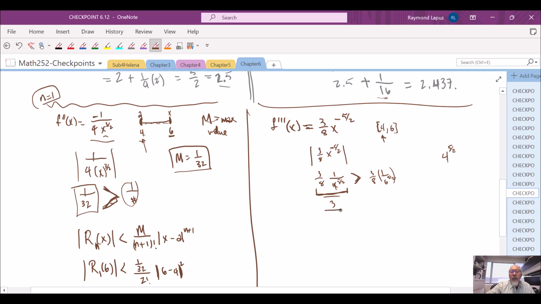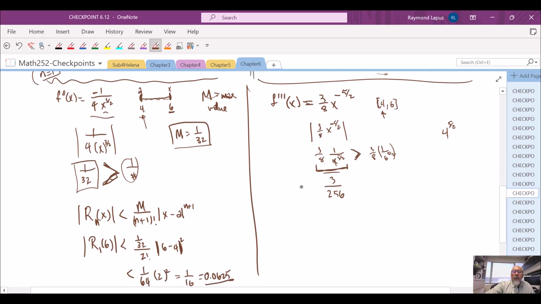And 3 divided by, and then 32 times 8 is going to be 256. Okay. So this is our M value that we will use for our boundary.